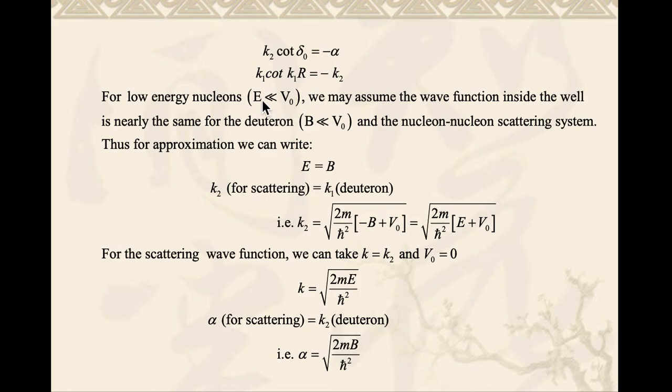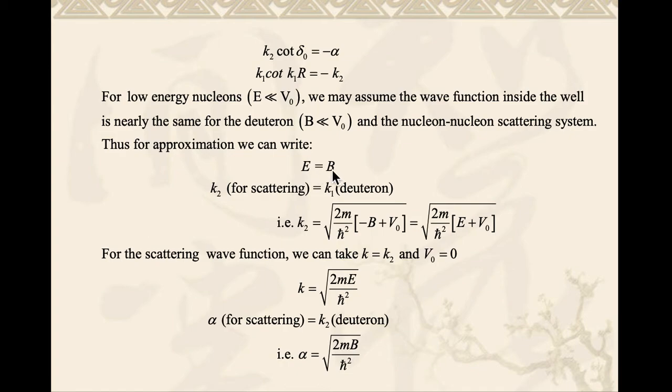That is why you can nearly take C is equal to B. So from this comparison, this is a similar equation. In place of cot K1R, you have cot delta 0, and in place of minus K2, minus alpha. Okay.